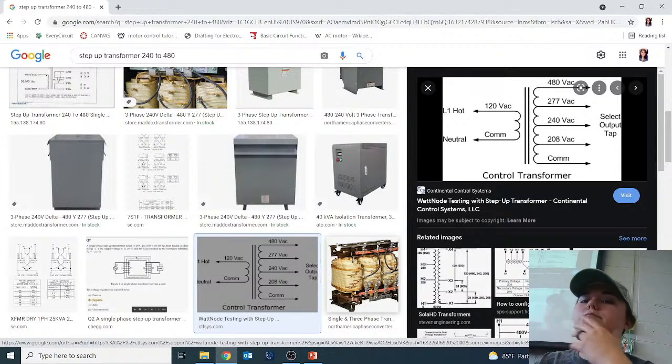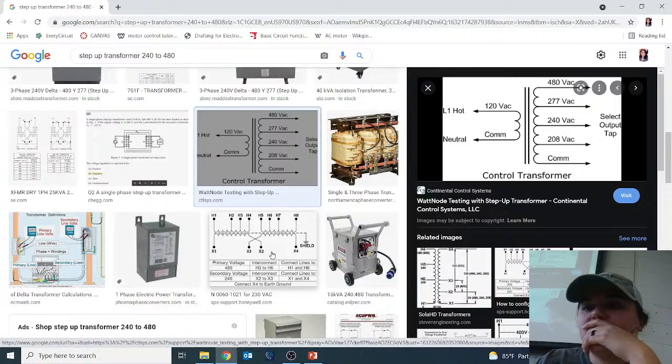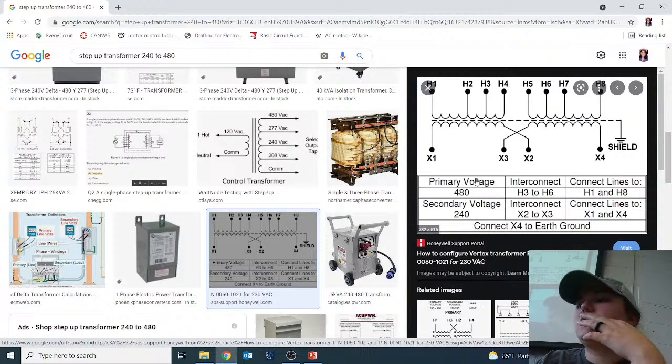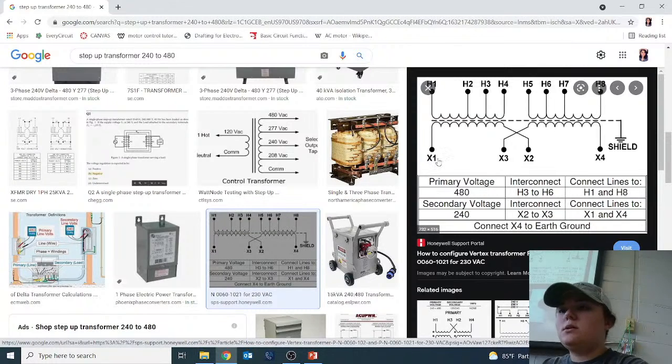So, let's see what this one, primary voltage 480, secondary voltage. What would we do if we wanted that transformer in parallel? Which ones would we connect on those bottom coils?